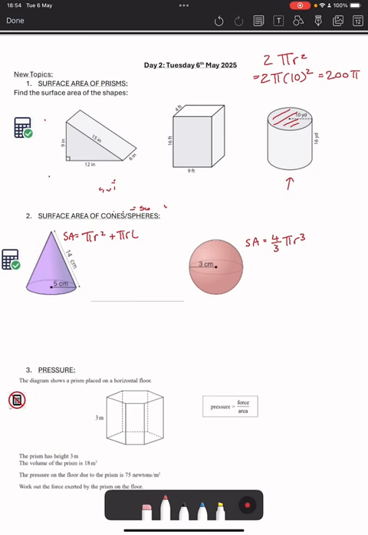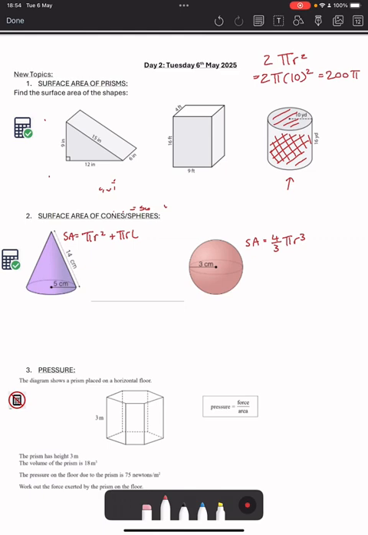And then we've got this curved surface area. Now this, if you imagine you're unwrapping it, would actually make a rectangle. If you took a label off a bottle of Coke and you unwrapped it, it makes a rectangular label, right?